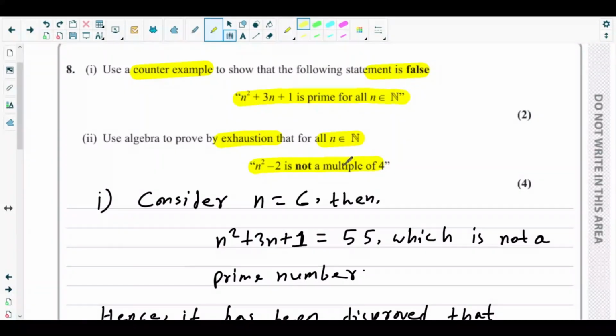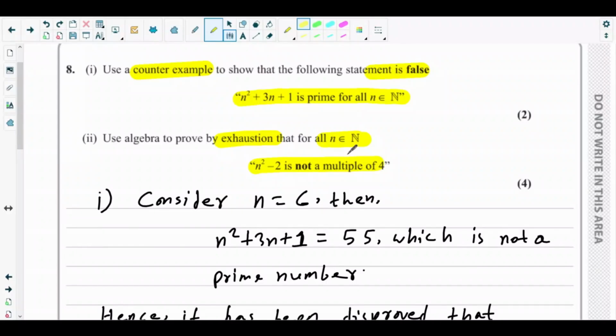In proof by exhaustion, we need to show that the given statement is true for every possible case. If we are able to show that this statement is true for all possible numbers, that is natural numbers, since they are considering natural numbers, then we are done with the proof.